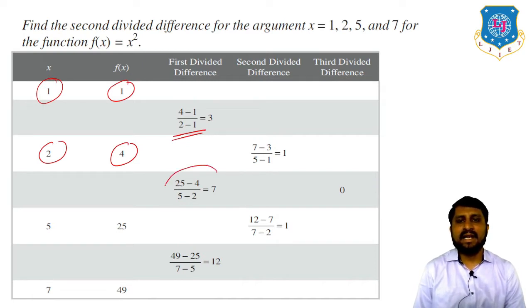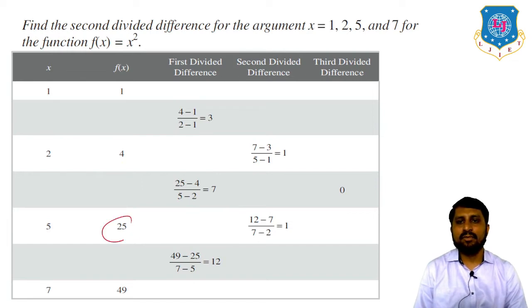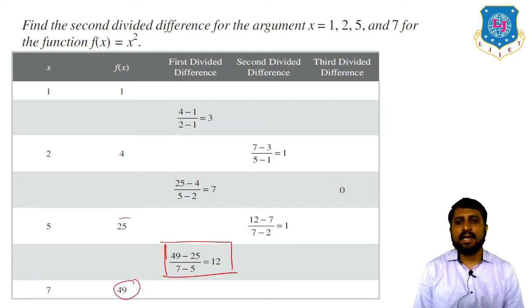Now this entry is nothing but 25 minus 4 upon 5 minus 2, so that is equal to 7. Now let's understand this entry: 49 minus 25 and in the denominator 7 minus 5, so that is equal to 12.